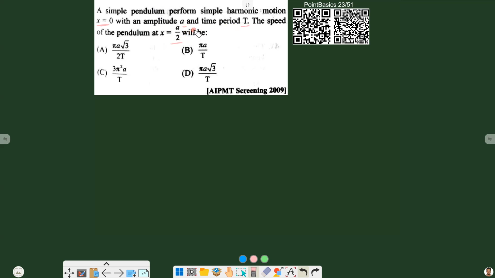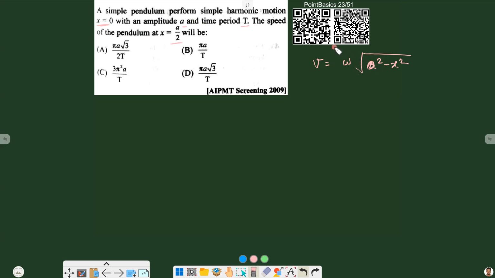So we have to find the speed, and we can find it easily using the equation that velocity is given by omega root of a square minus x square. So we just have to find the displacement, and then we can put the value of displacement and we will have the answer. Here the amplitude is given by small a, so we denote it with small a.